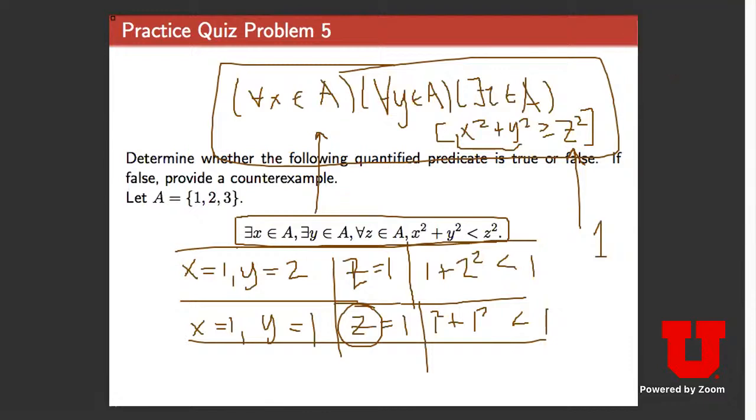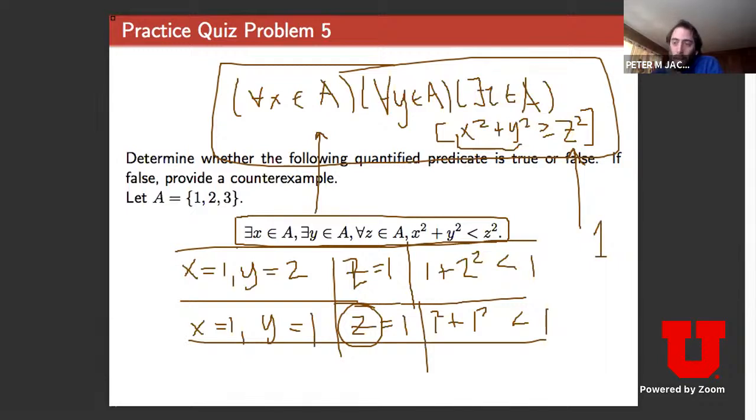Is it sufficient to just show that the negation is true? Yes, and that's actually what we did. That's what I'm saying. Like, we could just show the negation is true without checking every pair. Well, if you look at the negation, it says for all x in A and for all y in A, there exists a z such that x squared plus y squared is greater than or equal to z squared.